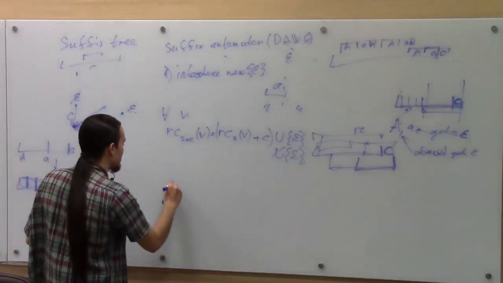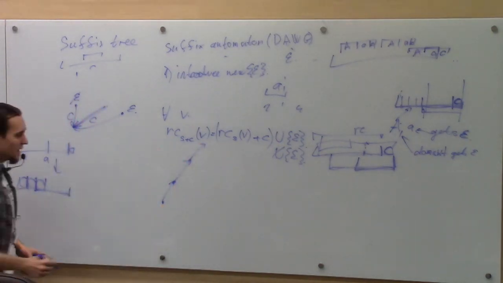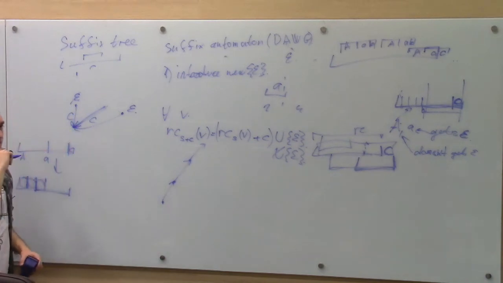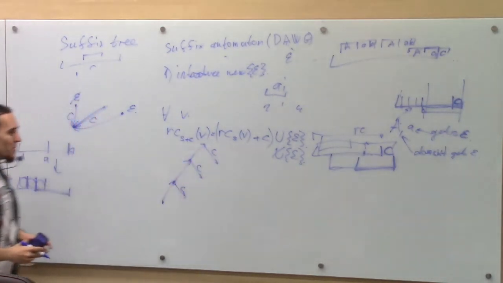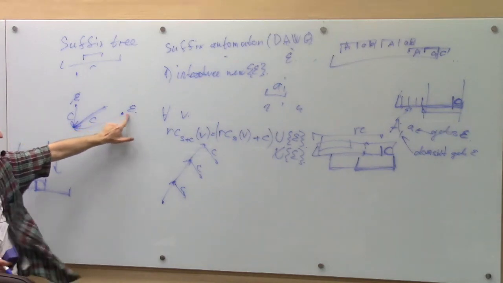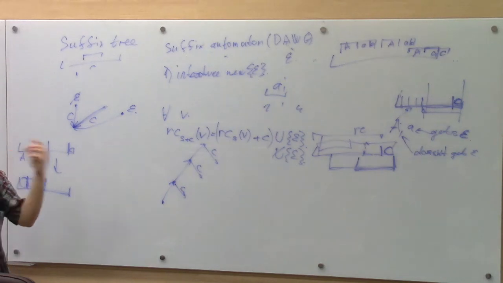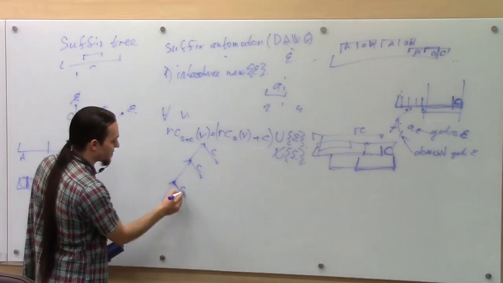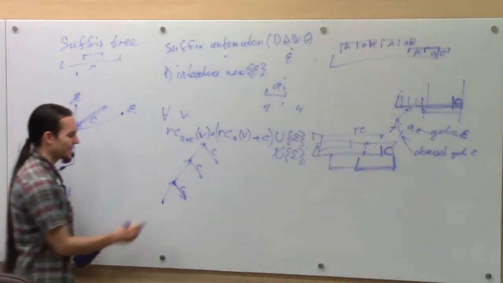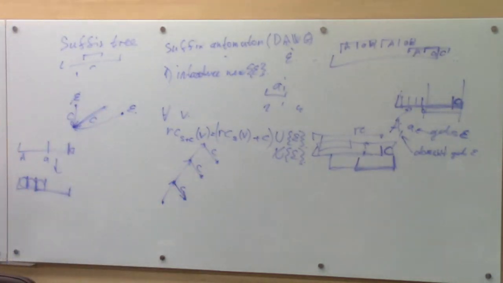We know that the terminals form a chain of suffix links, and the states that have a chance to fall apart are the states reachable by C from these terminals, because we have to have a terminal here and a C here. So one way to go is to go up the chain of terminals and see if there's a transition by C, and then try and figure out what happens here. That's the general idea.